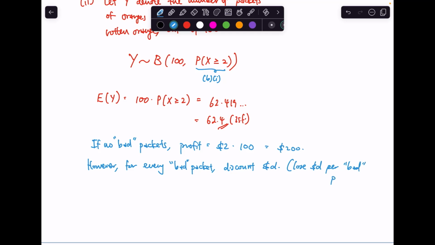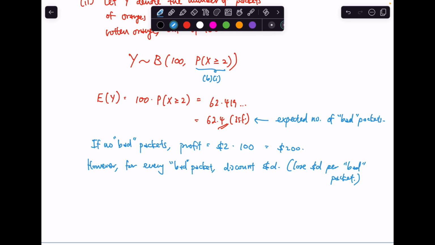Now the idea is, how many bad packets do we expect? We expect 100 times this probability as the number of bad packets. Let me just write down here: this is the expected number of bad packets.